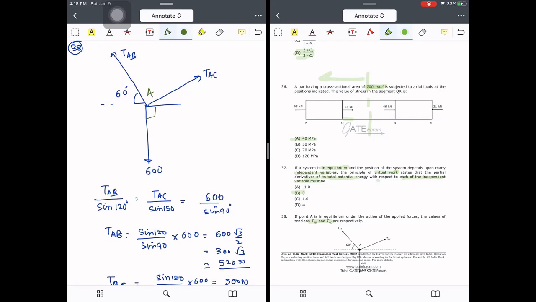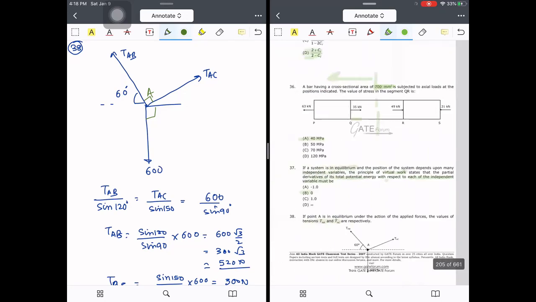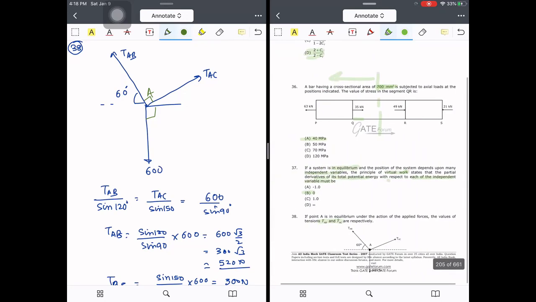This angle is 60, I think this is 90 degree, they have not mentioned it, but I've seen it somewhere. This is 30. So you just put the formula and you will get the answer.